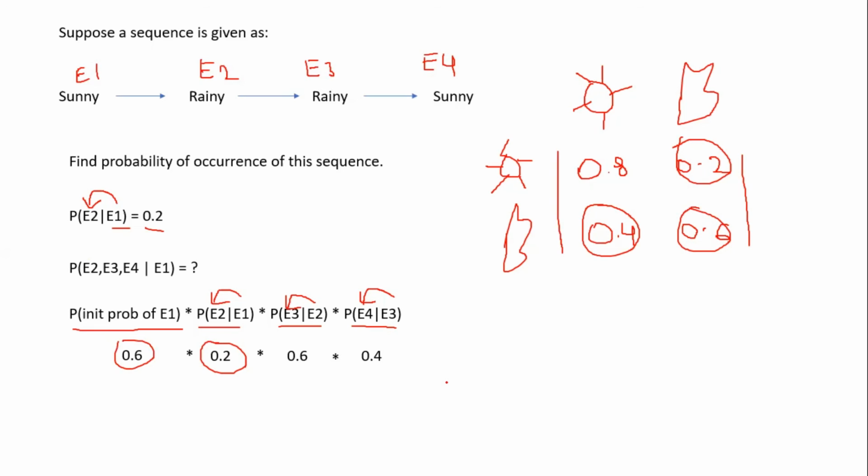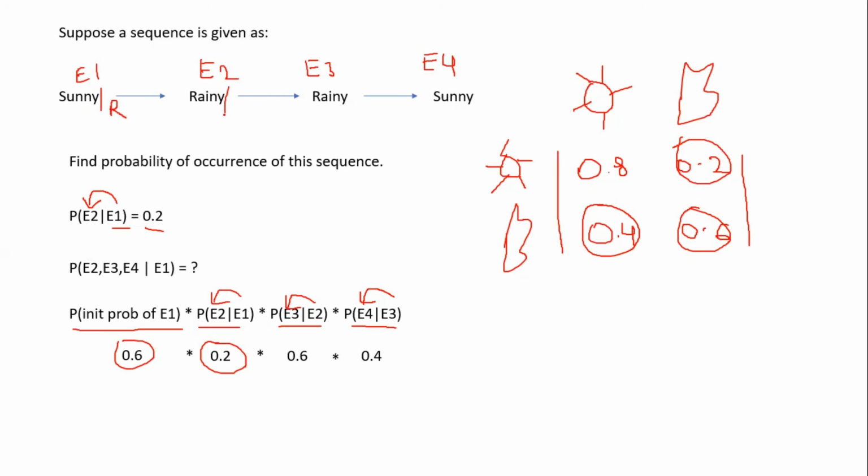So if a sequence is given to you, then you can find it like this. What if the sequence is not given? Suppose we need to find the probability of these 4 days. In that case, the first day can be either sunny or rainy. So we don't know the sequence.